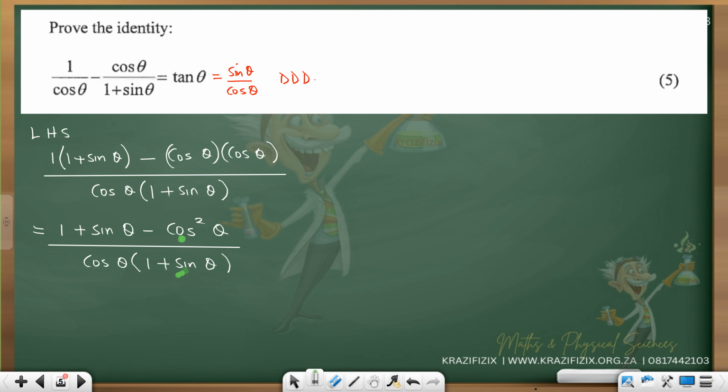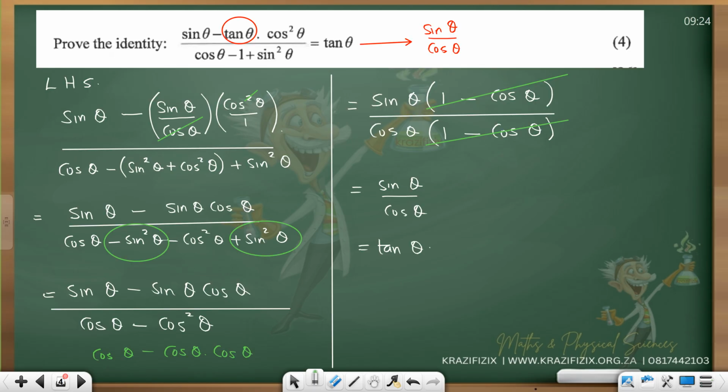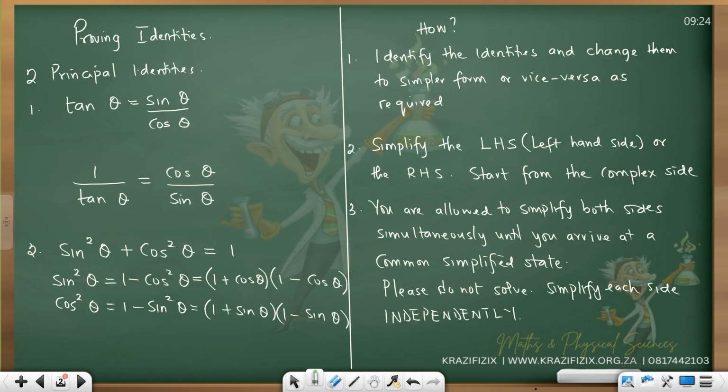But let's see. Now, there are two ways here. Somebody else can change 1, and somebody else can change 1 minus. I don't know if you see that. There are two ways. I could take my 1 and write sine squared theta plus cos squared theta. Or, look at this. 1 minus cos squared theta. Do we remember what that is? 1 minus cos squared theta.